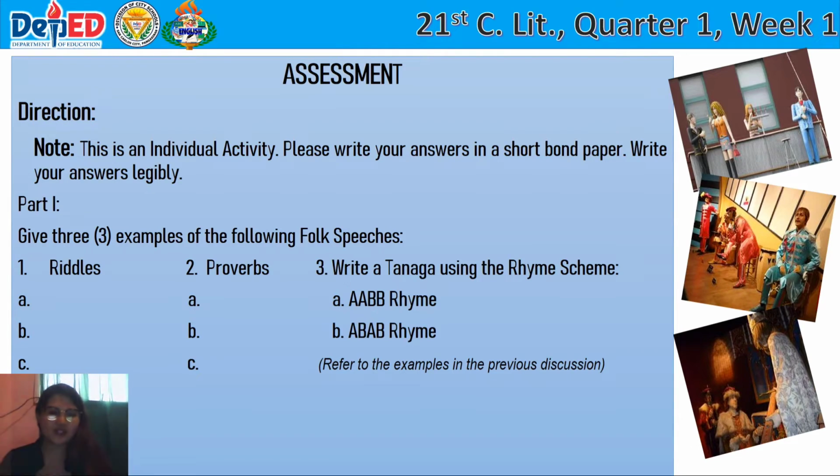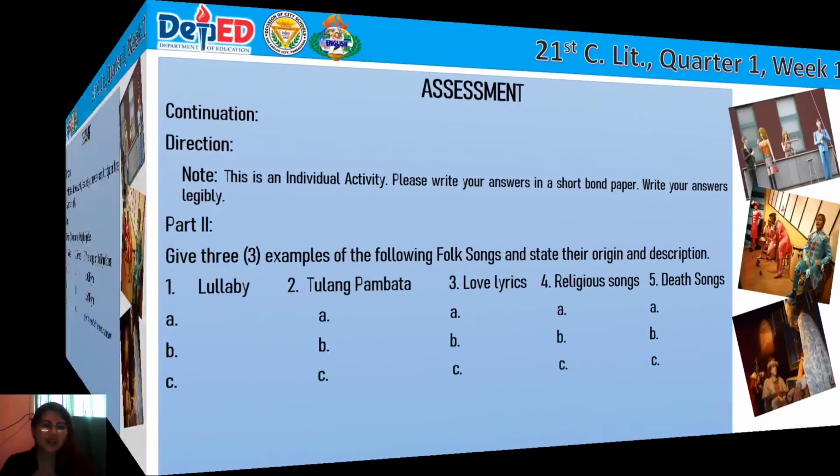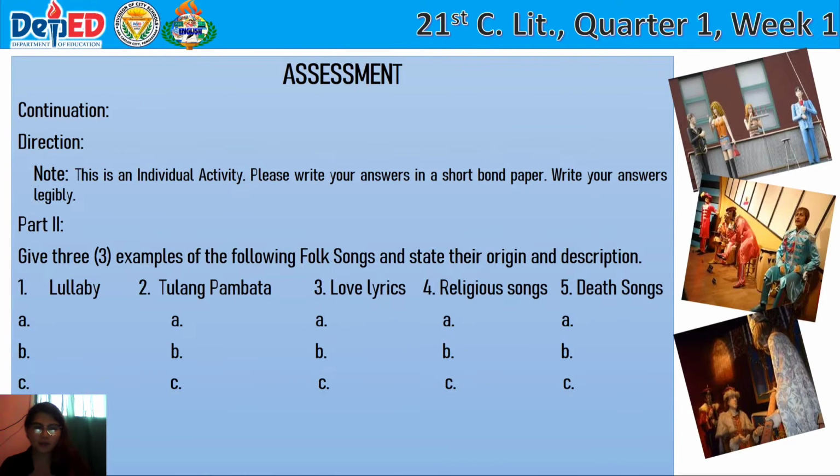Okay, continuation of our assessment. Part 2, give 3 examples of the following folk songs and state their origin and description. Here, it is much more complicated than the first activity in Part 1, because you need to enumerate examples of folk songs, like for example, lullaby, tulang pambata, love lyrics, religious songs, and death songs.